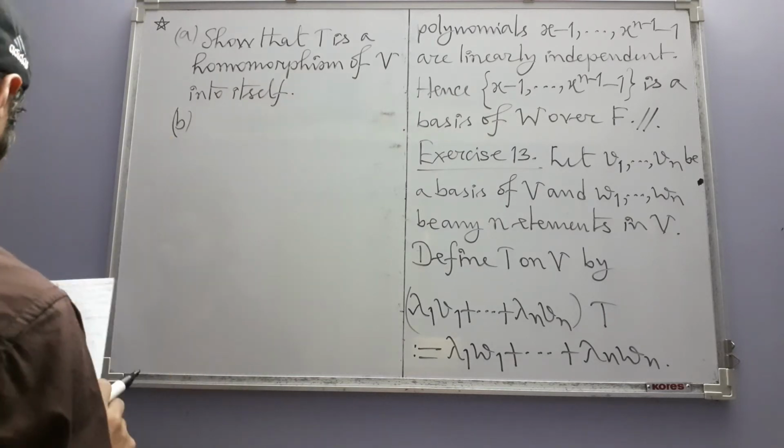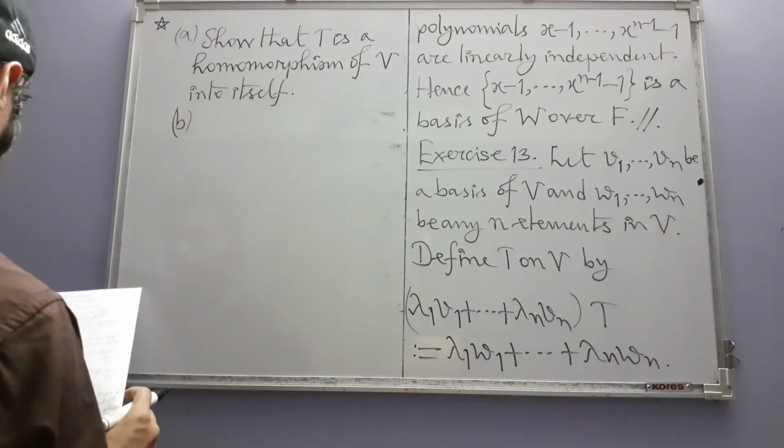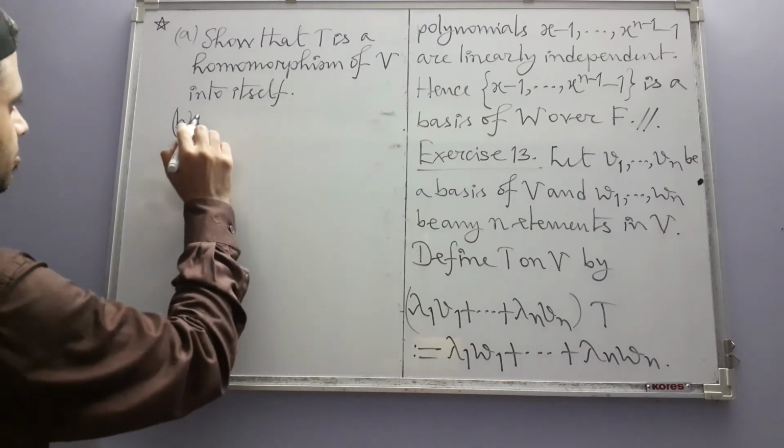That is part A. And part B, when is T an isomorphism?